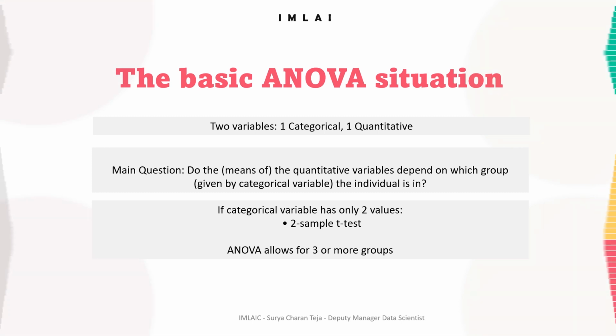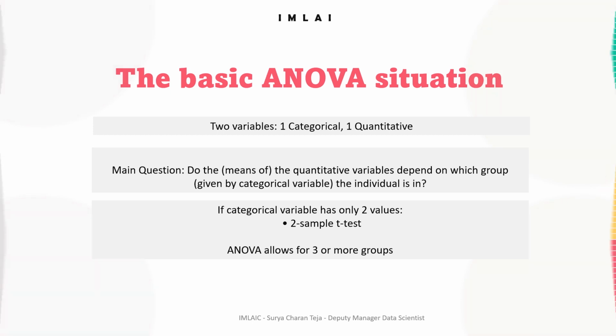But if it has three or more groups, then you have to go for analysis of variance. ANOVA, the name itself says analysis of variance. This works on analyzing the variance, breaking the variance into two components. What is that, we will see later.